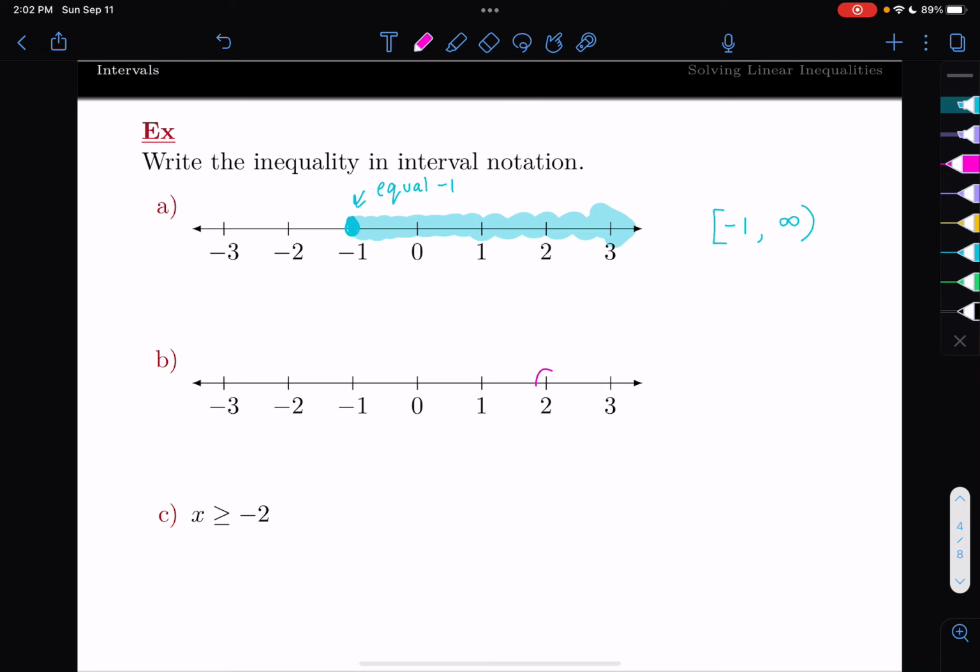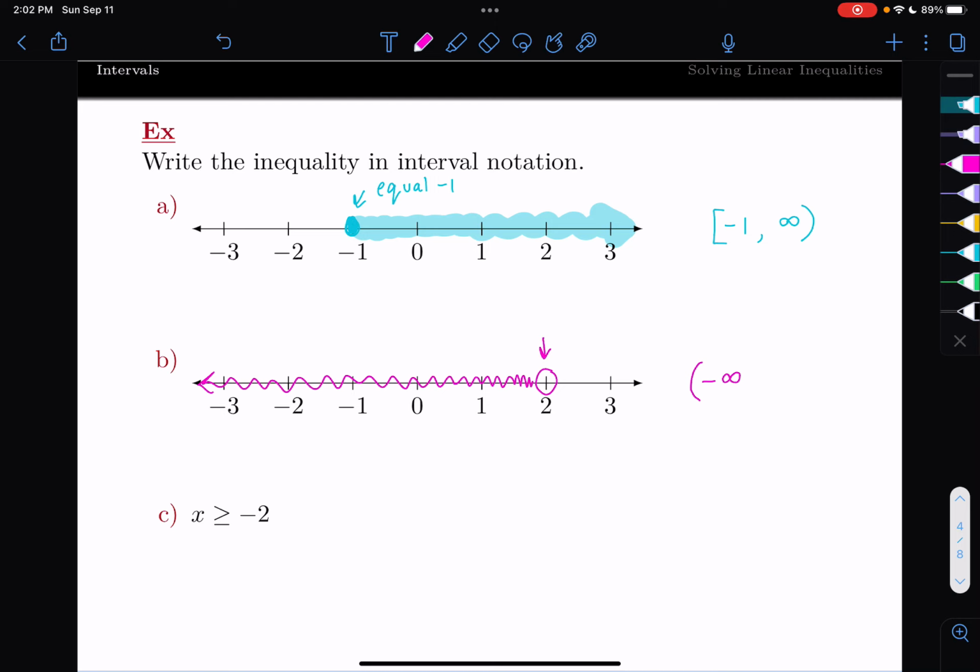If I change it up a bit, and instead of having a closed circle, I have an open one. And now we can continue to the left forever. In this case, our leftmost point continues on forever. So that leftmost quantity is negative infinity. But I can't equal it, so I need to put a parenthesis around it.